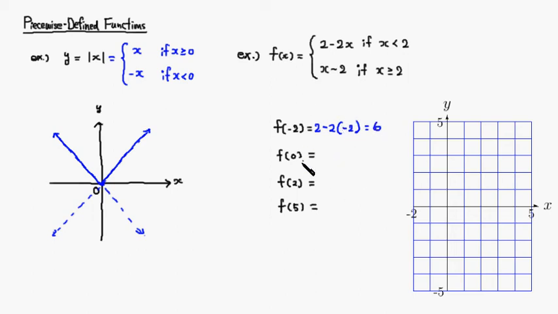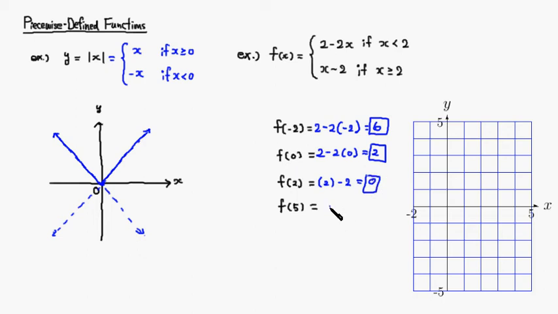If x is 0, 0 is still less than 2, so we use the top formula again. You have 2 minus 2 times 0, which is 2. If you do f of 2, now 2 is not strictly less than 2. 2 is greater than or equal to 2, so now we use the bottom formula. 2 minus 2 is equal to 0.